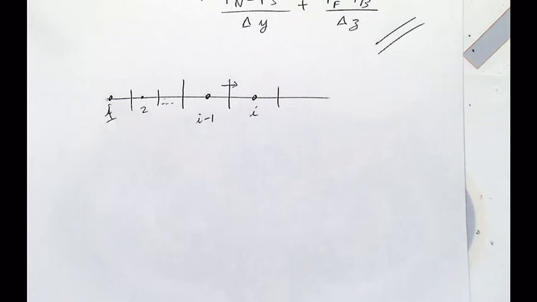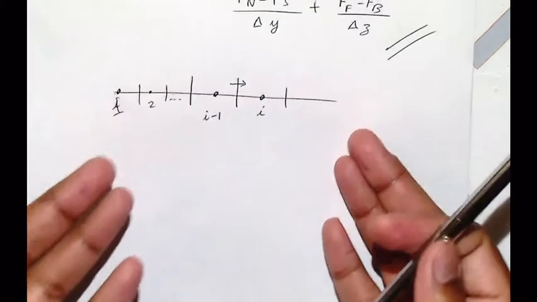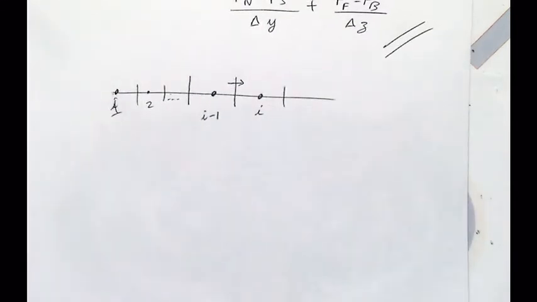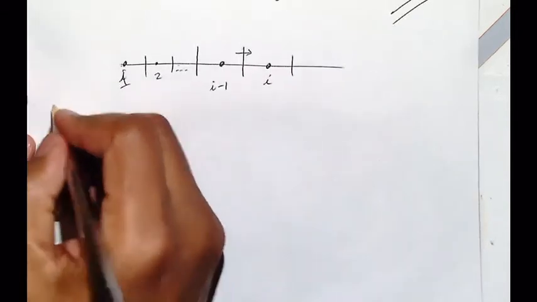So this is the biggest advantage of finite volume methods. Even with very low grid resolution, by construction, mass is conserved. That's just the property of the method. So let's write that down.